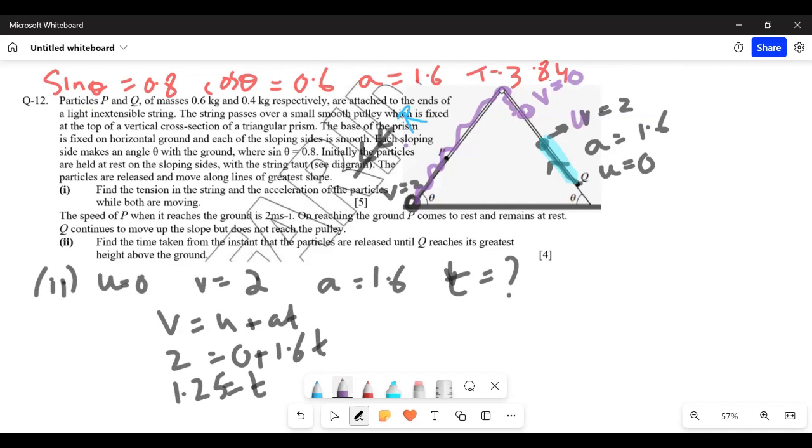And this becomes U for the second part of the journey. So U, the initial speed, is 2, the final speed is 0, and we need the time here. So we know V is 0, we know U is 2, and you're asked to find the total time. Now we need one more parameter, either s or a, to find t.